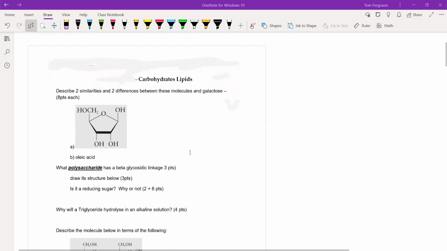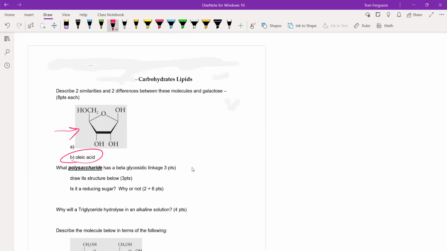Okay, so first question. Does someone have a question? Okay, so it says describe two similarities and differences between these molecules and galactose. Okay, so there's oleic acid and this ribose sugar.